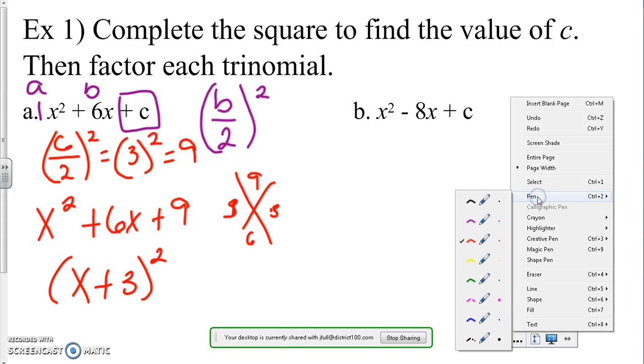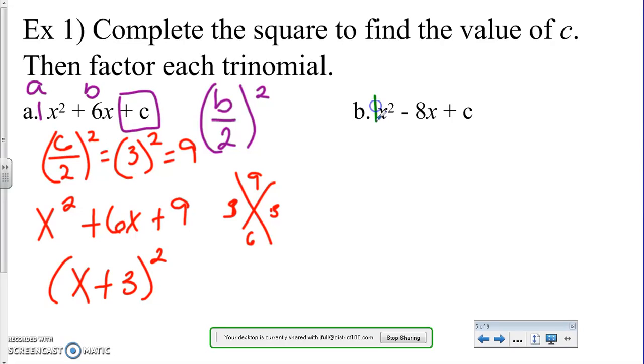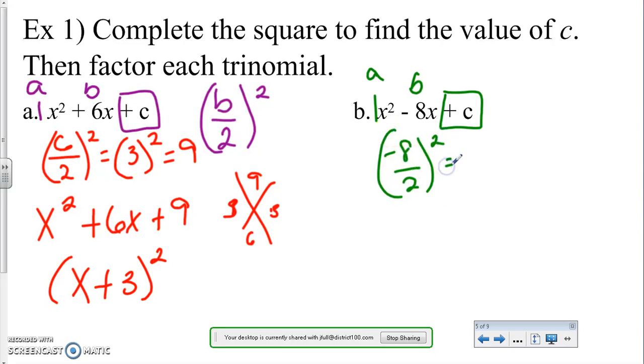Let's do another one. In the second one, we have ax squared, or 1x squared, which is our a, minus 8x, which gives us our b, and then we're trying to find our c. So we're going to take half of our b, so we're going to do negative 8 divided by 2, and then square that answer. So negative 8 divided by 2 is negative 4, and negative 4 squared gives me positive 16.